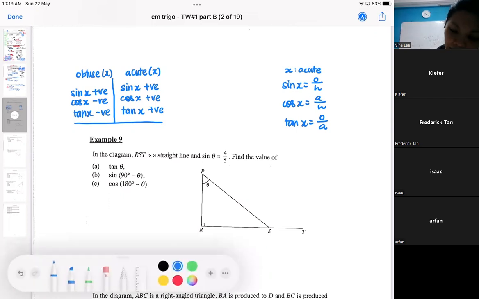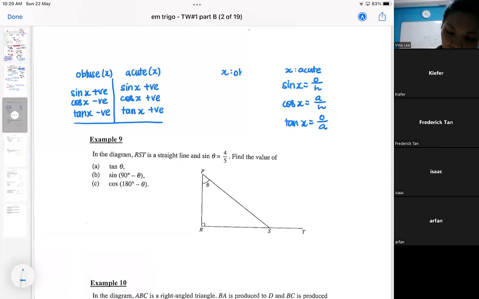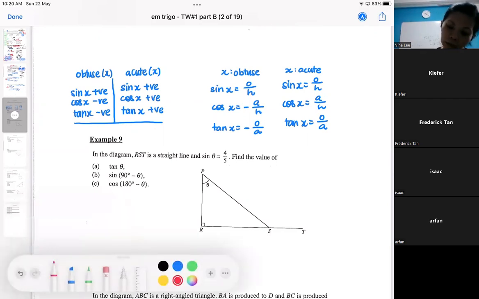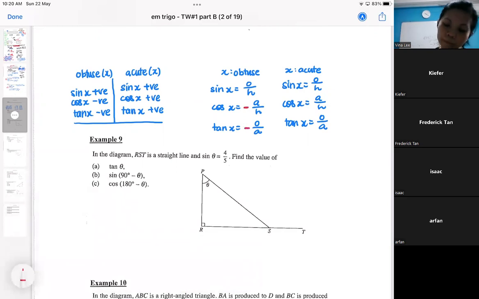So now if x is obtuse, sine x will still be O over H. Cosine x will be negative A over H. Tangent x will be negative O over A. So there will be a negative relationship for cosine and tangent when it is obtuse.